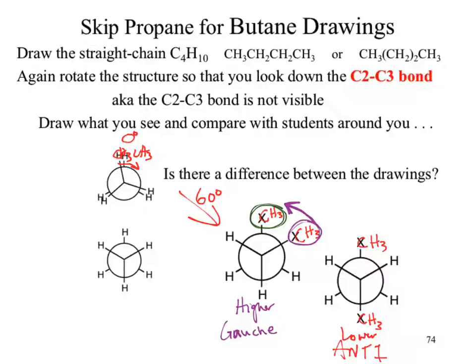Because if I rotated another 60, where does it end up? Eclipsed with the back. If I rotated another 60, where does it end up? Our bottom right. Another 60, where does it end up? And another 60. The equivalent of the gauche, but the other direction. And another 60, and get all the way back up to the top.